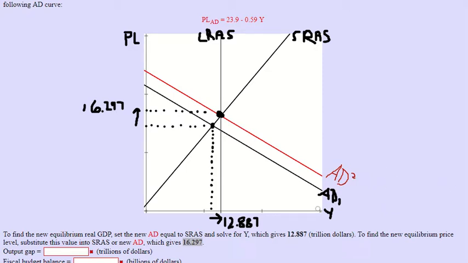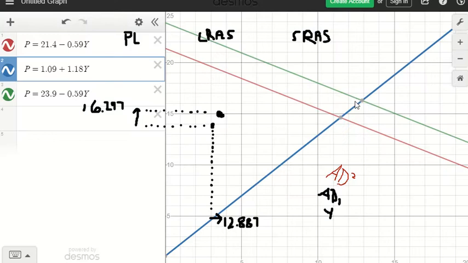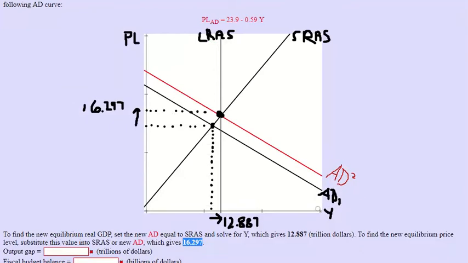The price level was 14.631, right? The price level was 14.631. Right?